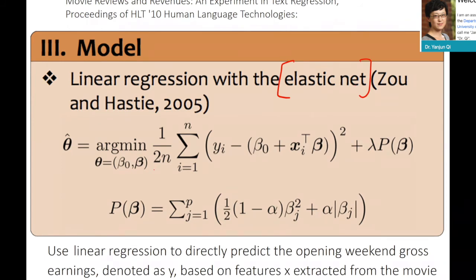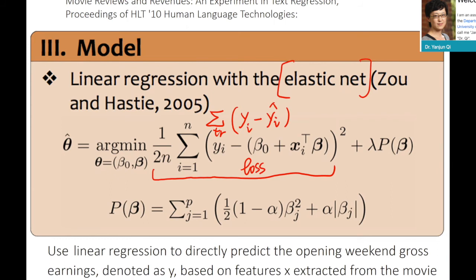This part is the loss function, y minus y_i predicted, covering all the training data. This is the loss part, or the cost function as we call it. You just augment this loss function with this P of beta.